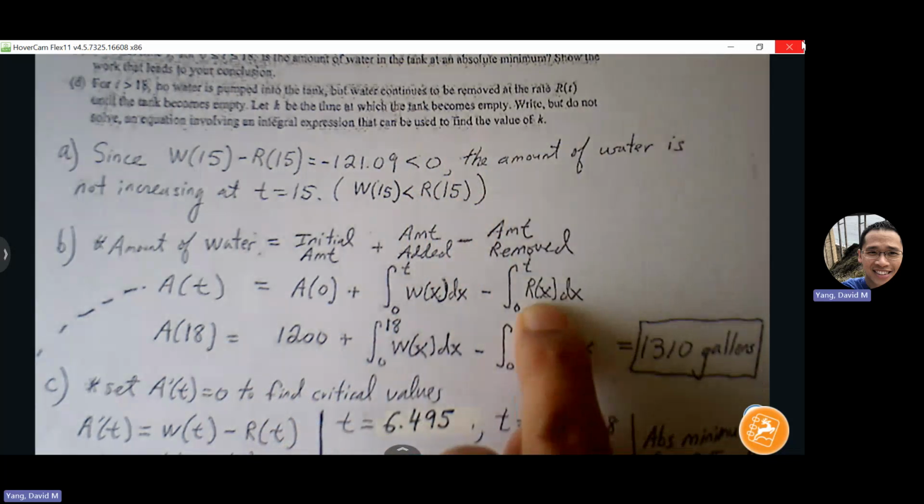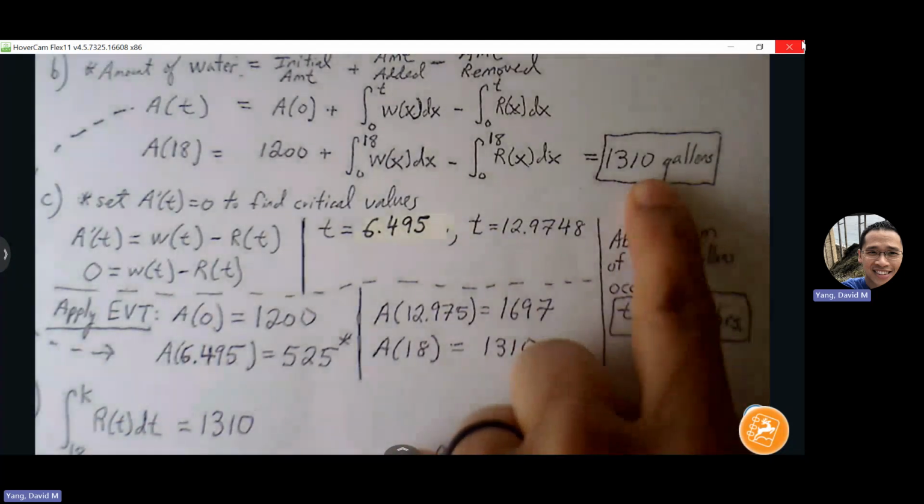So we know that we're just going to be draining water out of the tank, and however much water is in the tank at 18 hours will just continue to decrease, because there's no more water being added. So there's going to be 1,310 gallons of water in the tank.